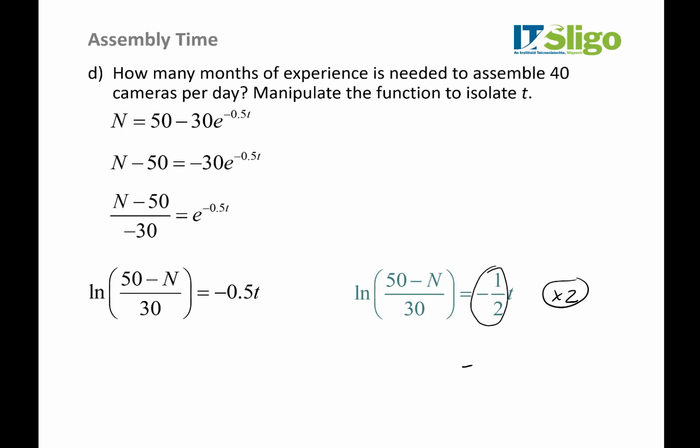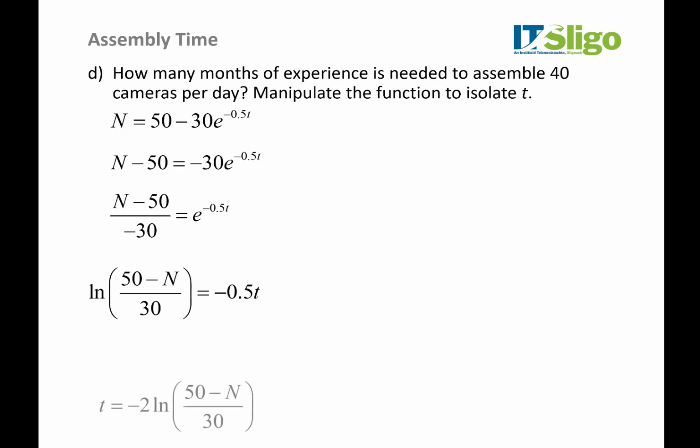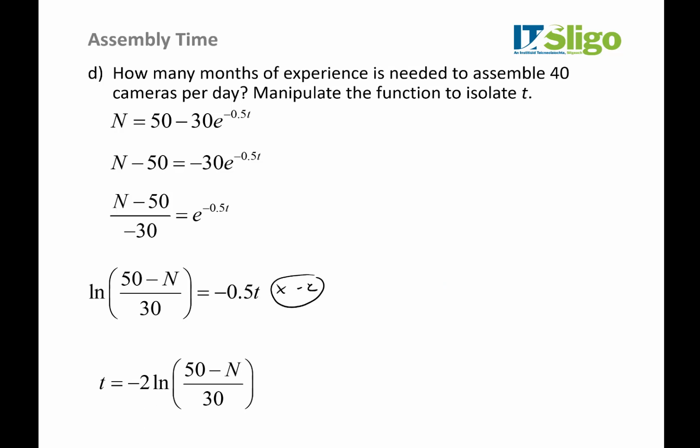That'll turn that minus a half by 2. Minus 2 over minus 2, a minus divided by a minus is a plus. And that's my answer there. So I've multiplied both sides by minus 2, and that's why there's a minus 2 appearing here. I hope that makes sense.